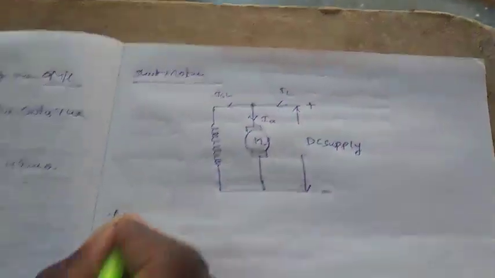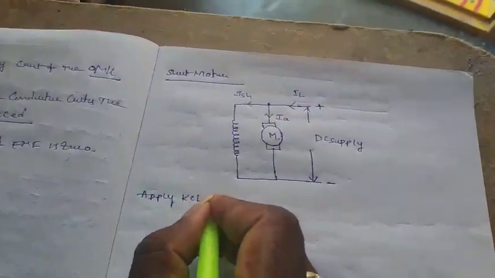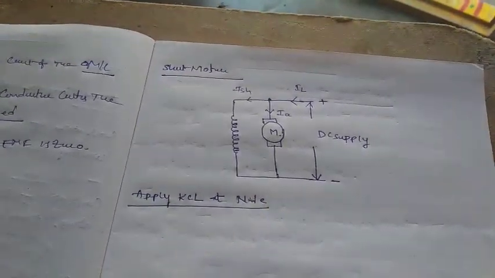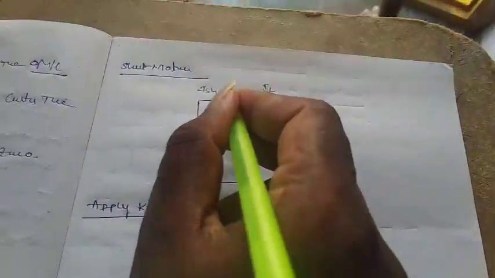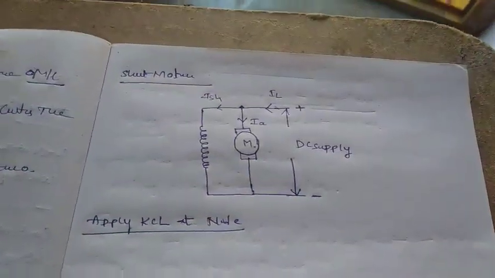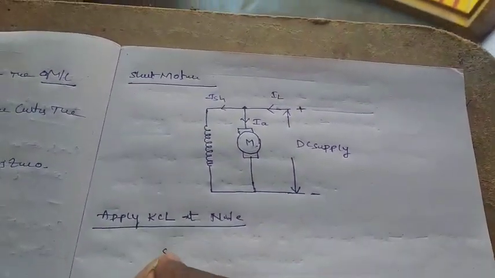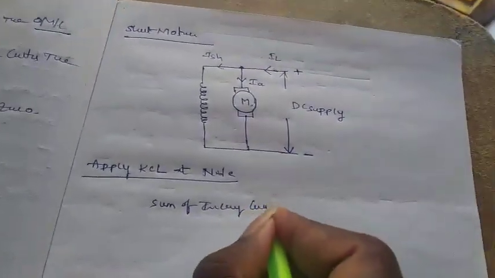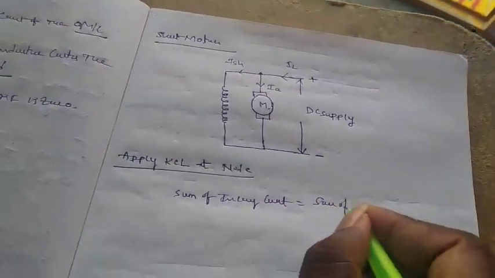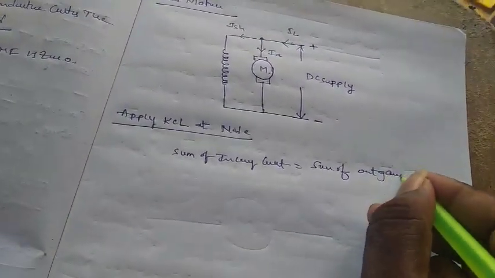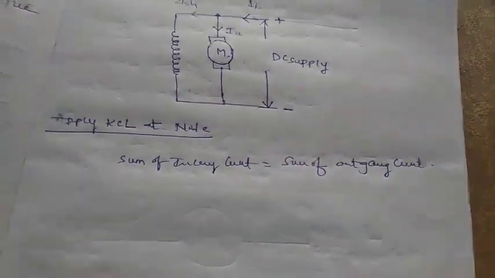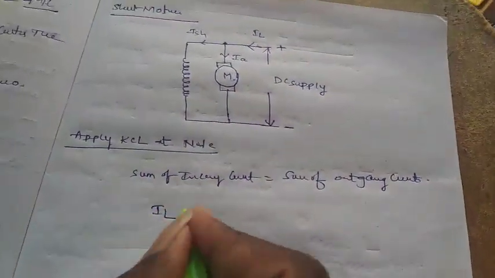So apply KCL at the node. Node is nothing but the meeting of all points. Sum of incoming current equals sum of outgoing current. Incoming current here is IL.